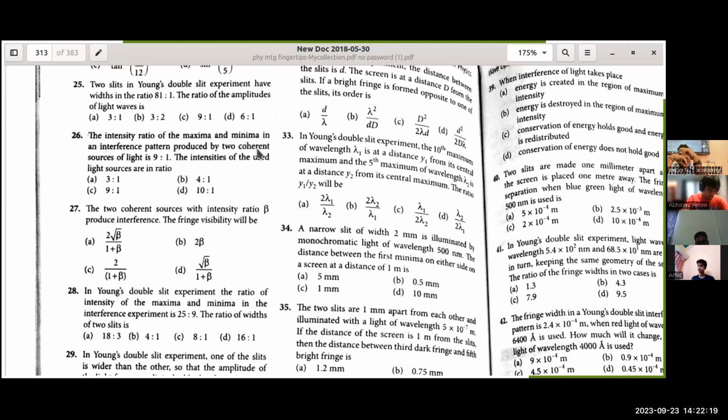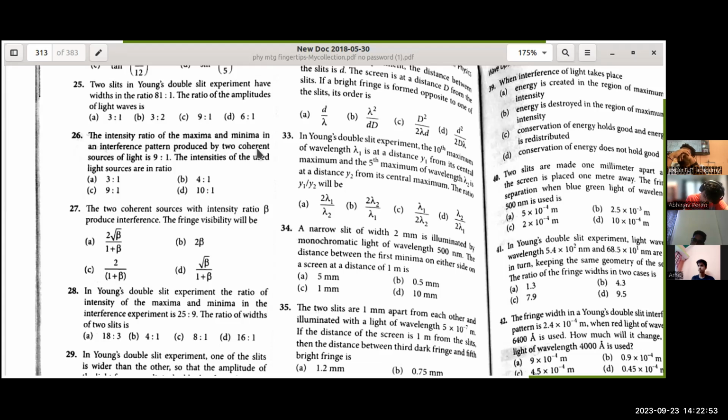Now let root of I1 by root of I2, the whole thing, be x. So you get 9/1 is equal to x plus 1 the whole square by x minus 1 the whole square.